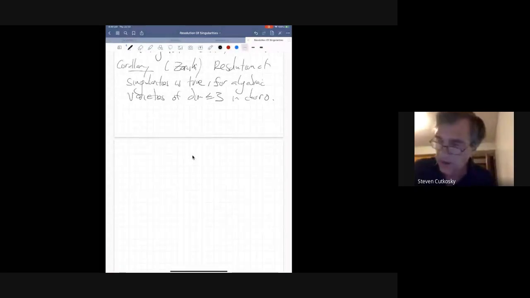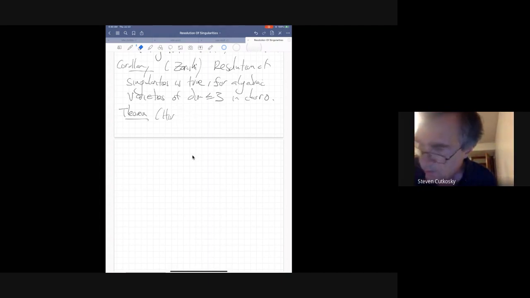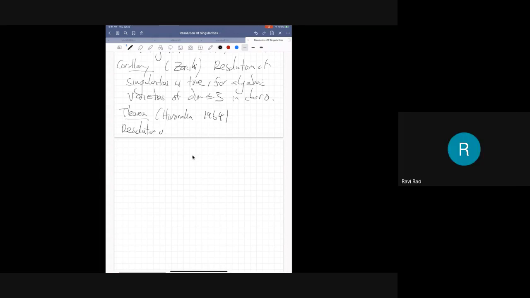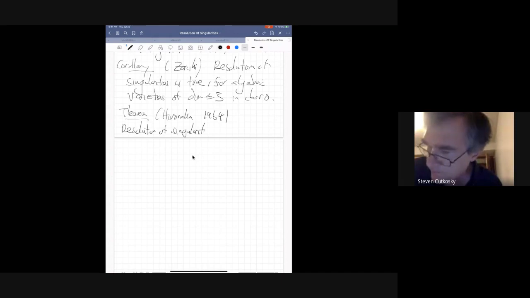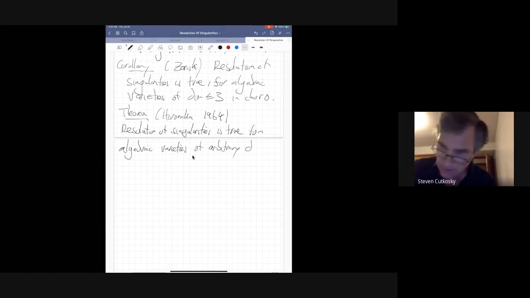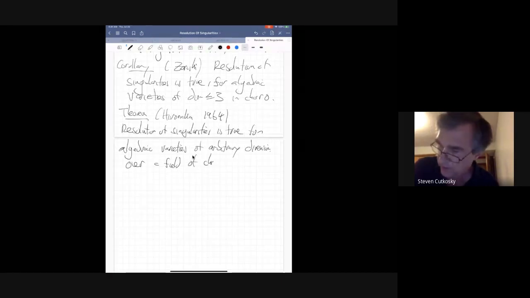Of course, the fundamental theorem, the final word in characteristic 0, is Hironaka's theorem, which was published in 1964, which tells us that resolution of singularities is true for algebraic varieties of arbitrary dimension over a field of characteristic 0.